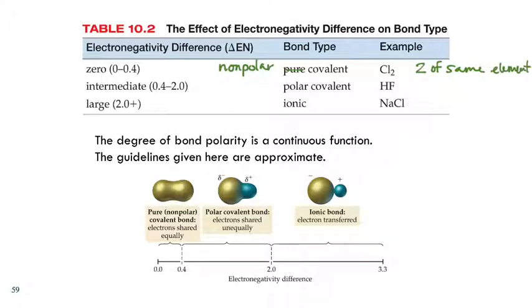rather than spending a lot of time trying to figure out what's really just an arbitrary difference, what I want you to have is an understanding that'll work most of the time, and it doesn't take too much time to memorize. So two of the same element have to have the same electronegativity, so that's going to be nonpolar. This would be two different nonmetals.